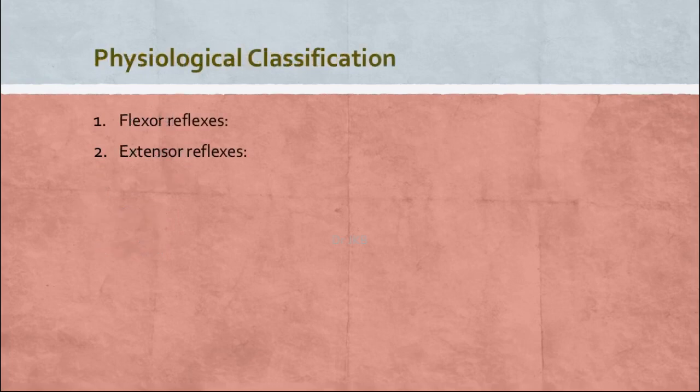Okay. Then there is the physiological classification of flexor reflex and extensor reflex, depending on what kind of thing is happening. Flexor reflexes happen in response to a painful stimulus, and flexion of the joint occurs, like when you are withdrawing your hand. Extensor reflex is like the stretch reflex.